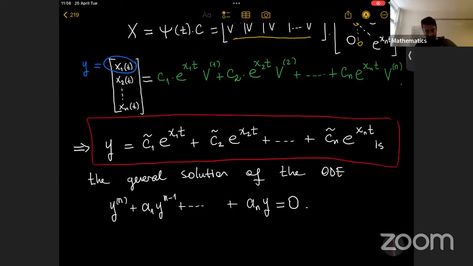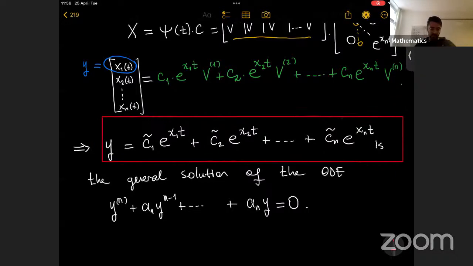Basically, you find the roots of the characteristic equation, and using these roots, we write the general solution. But remember, this is the case when we have different roots, different eigenvalues. In the repeated case, we will do a similar thing, but the form of the solution will be a little bit different. We will talk about that as well.